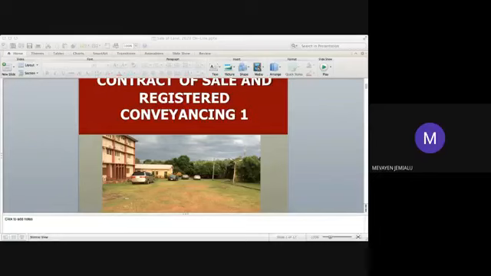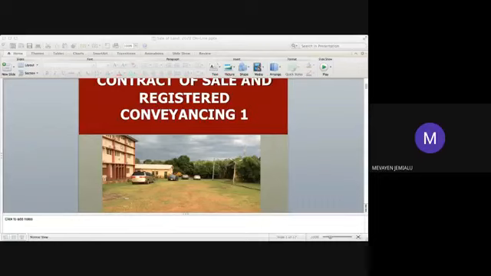There are certain things we expect you to be able to do at the end of this lesson. One, we expect you to be able to mention the laws that affect sale of land in Nigeria. Two, mention legal restrictions to sale of land. Three, list the various steps in the sale of land transaction.